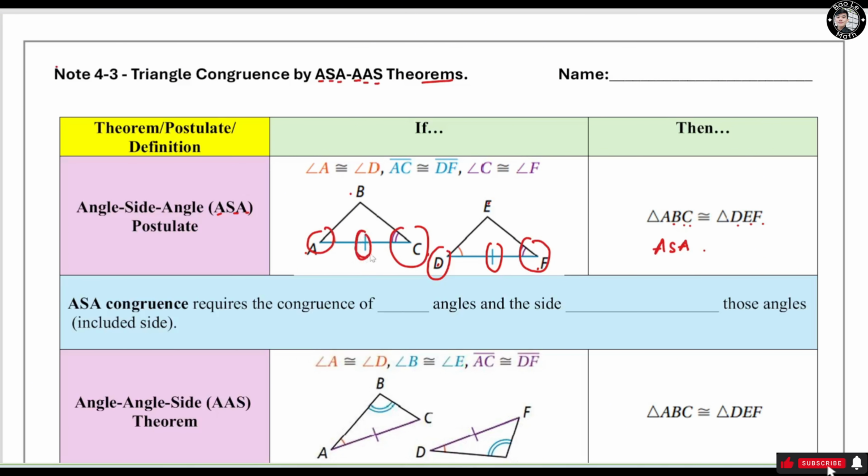Because one side right here is between two angles. Now, ASA congruence requires the congruence of two angles and the side between those angles.